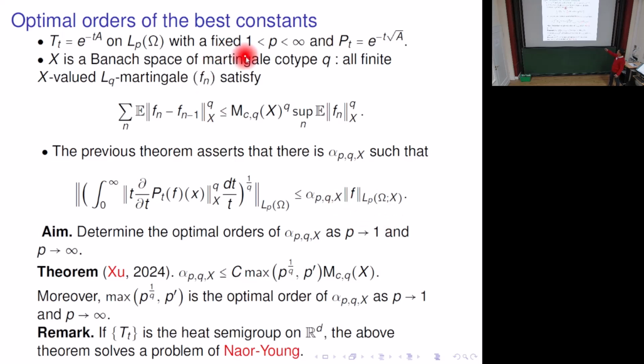Of course, in this case p is also fixed. But if, for example, TT is a semigroup of contractions on L^p for all p between 1 and infinity, then p can vary. So the optimal order of this constant is when p goes to 1 or p goes to infinity. In general, when p goes to 1 or infinity, this constant blows up.